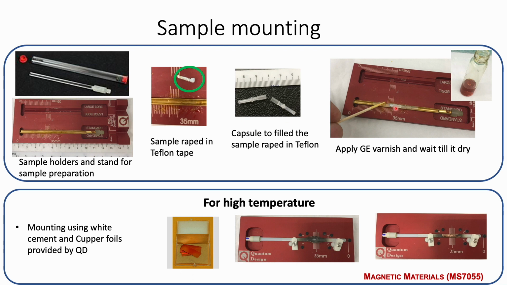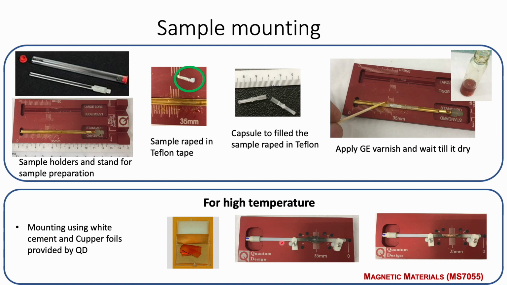Then mount it here and apply some GE varnish. We should be very careful that the sample should be somewhere around here, 35 millimeter. This is because it is designed so that if we set the sample here, it will be at the correct position in the pickup coil.